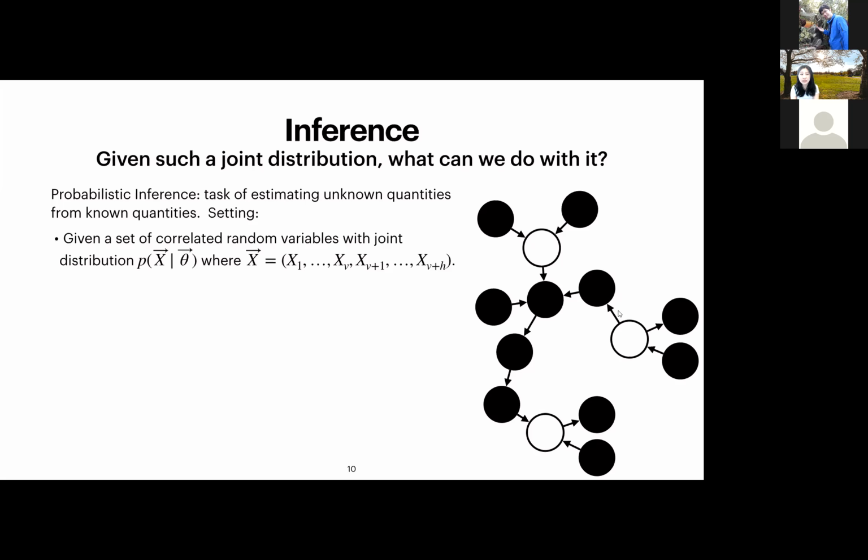So probabilistic inference is the task of estimating unknown quantities from known quantities. You observed these known quantities, and you also know the underlying joint distribution. Can you infer what the hidden values are, corresponding to these observed realizations of these random variables?